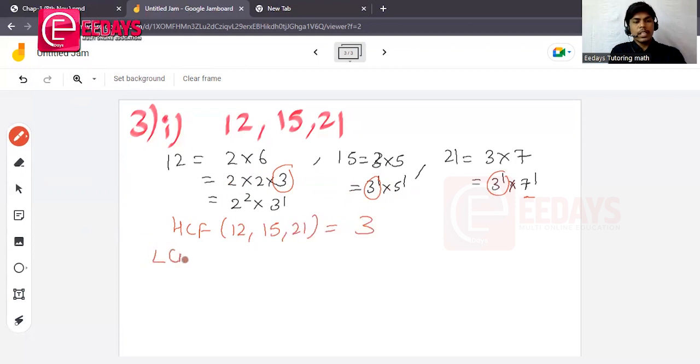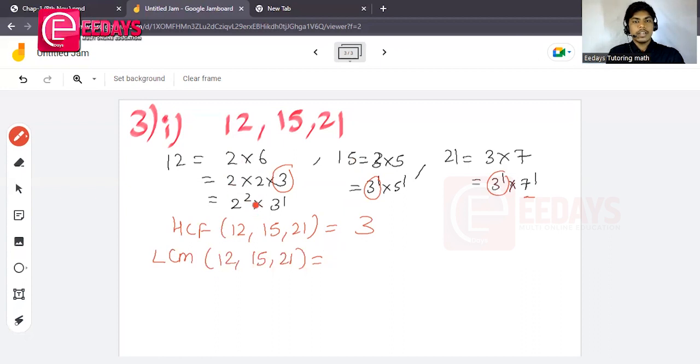Now, in a similar way, find the LCM of 12, 15, 21. The 3 numbers they are asking for. So here you just take the greatest power.